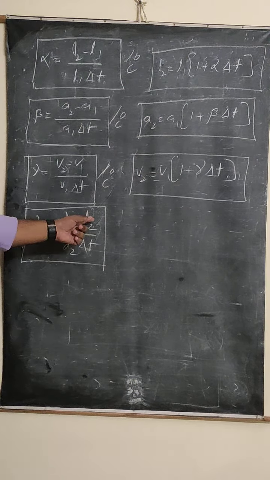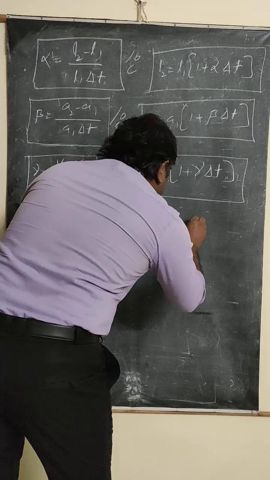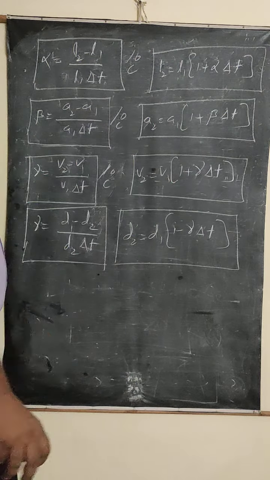This is the formula to find out the gamma value, or the density in terms of temperatures or the volume coefficient. From this equation, the final density formula is D2 is equal to d1 into 1 minus gamma into delta T. This is the difference you need to remember.